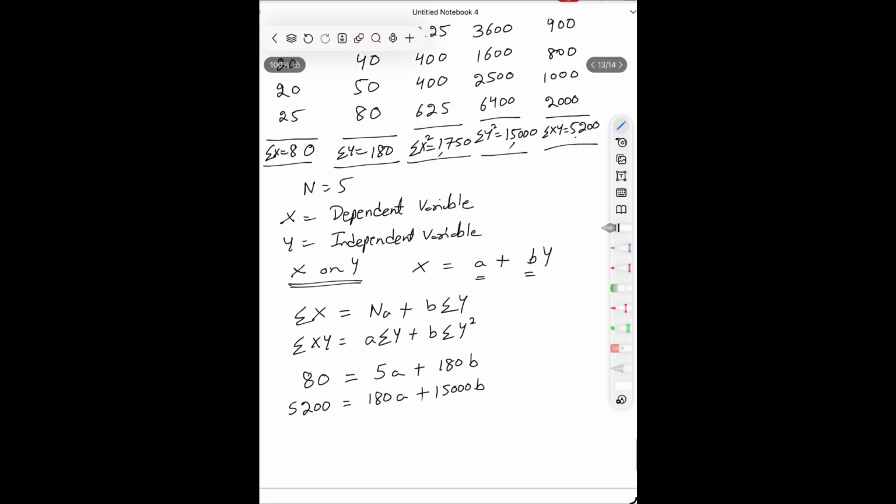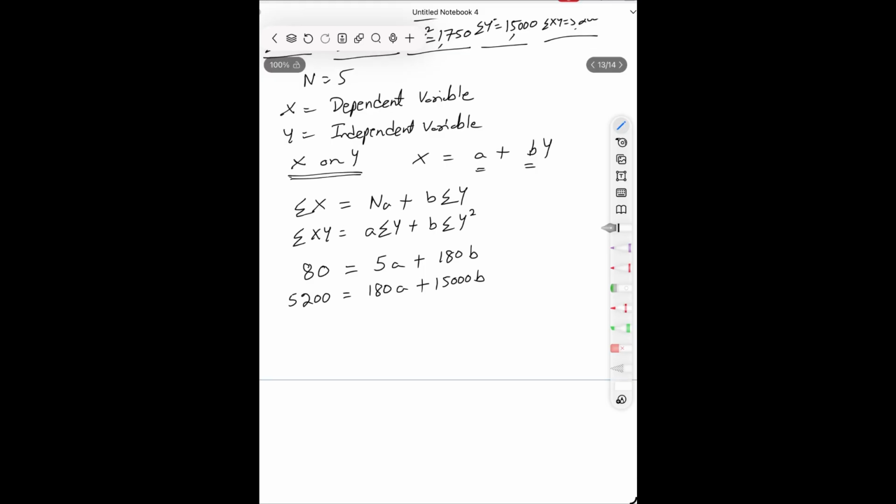Now I hope you all know how to solve the linear equation. We will multiply the first equation with one common factor. So 180 by 5 comes to 36. So 36 into 80 comes to 2880 is equal to 36 into 5, which is 180a, plus 180 into 36, which comes to 6480b.